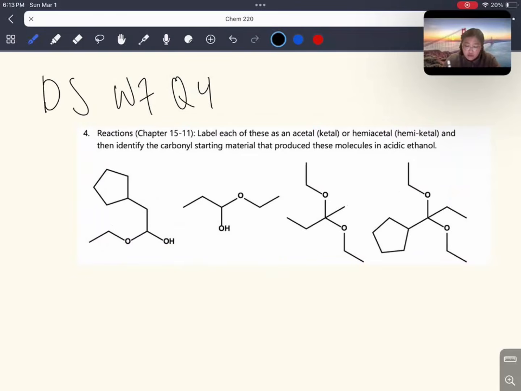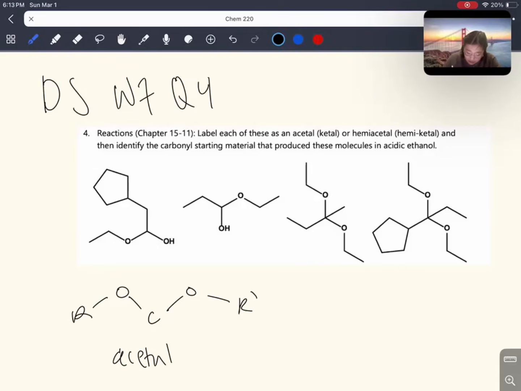The way you label them is you look at the carbon that's attached to two oxygens. If those oxygens are attached to R groups, so carbon groups, that's going to be an acetal.